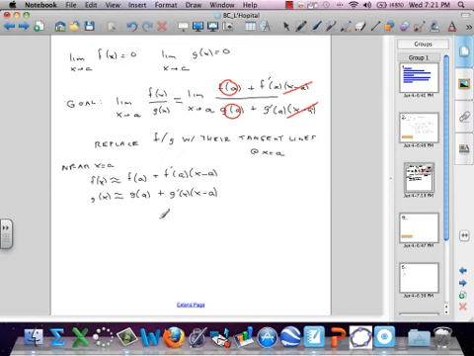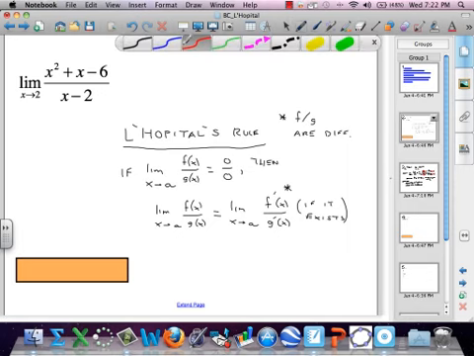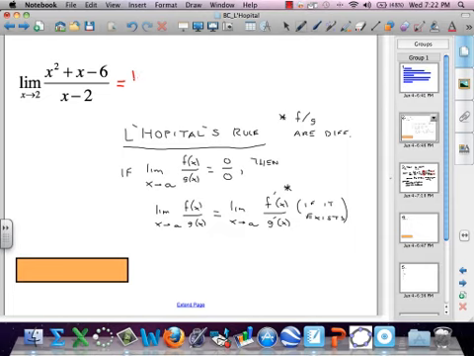So that's not a formal proof, but hopefully that convinces you that this will work, and we can check a couple of these the old way just to be safe. Okay, so if I'm asked to do this limit, and I want to use L'Hopital's rule, what do we do? Well, we say this is the same thing as the limit as x approaches 2 of what?